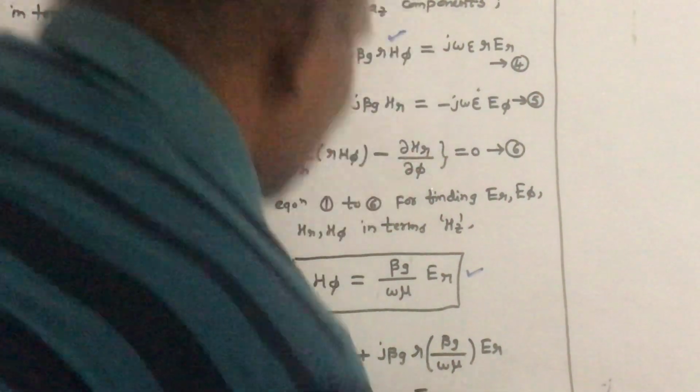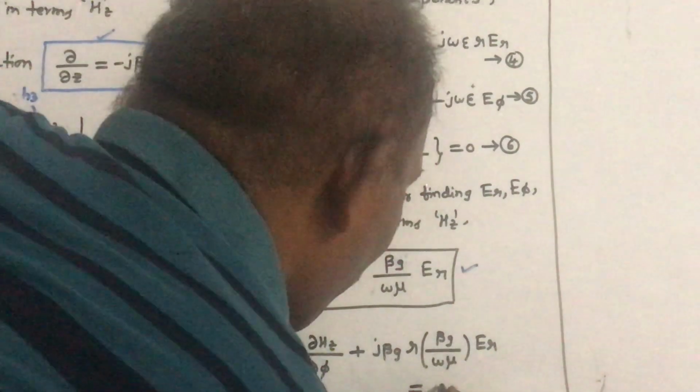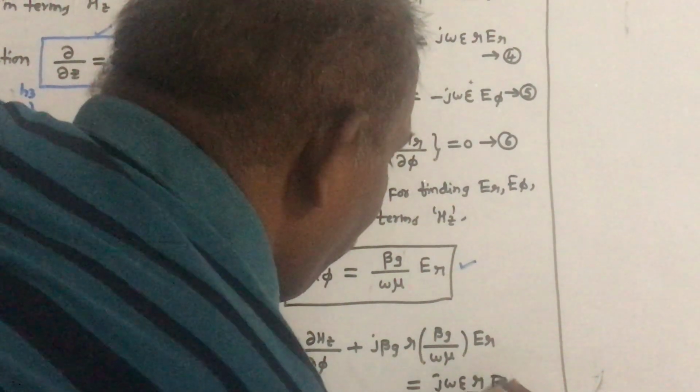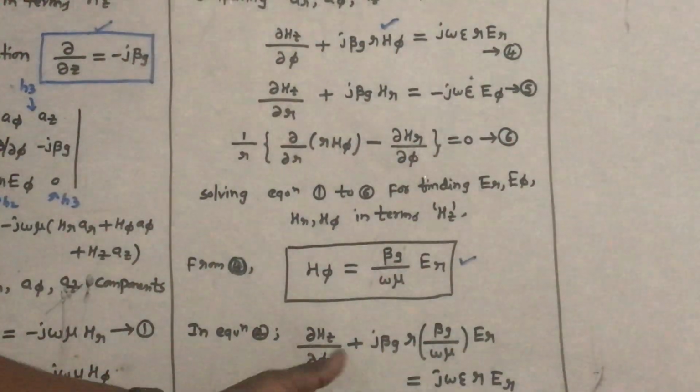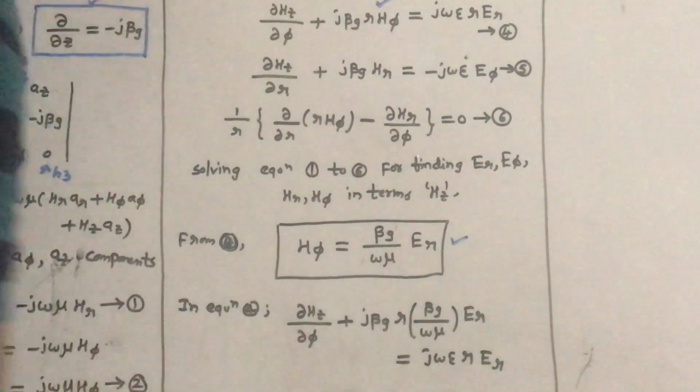The right side term is j omega epsilon R into ER. Take this entire term to the right side.